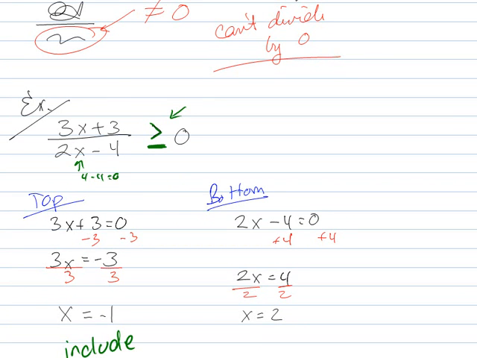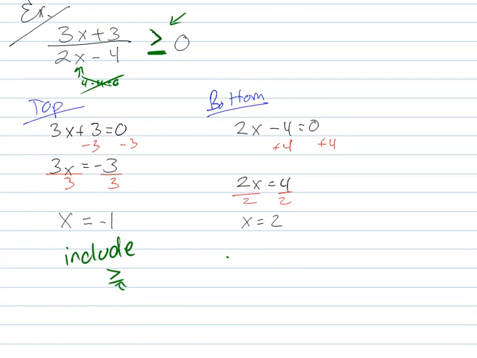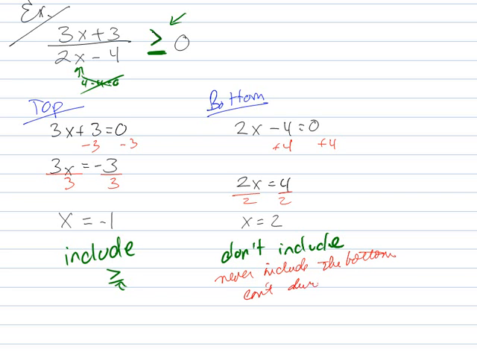I'd be dividing by 0, and that's bad. So that means that I do not include this point. I'm never going to include the bottom. The bottom is always going to be an open circle because I can't divide by 0.